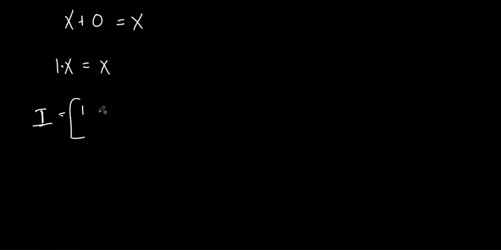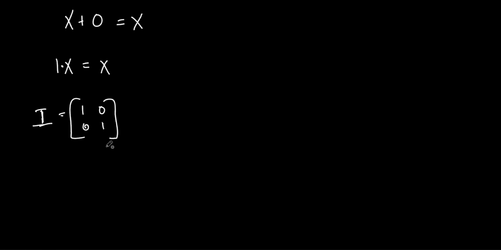So here's what it is. It's 1, 0, 0, 1, which means if I multiply any other 2 by 2 matrix by 1, 0, 0, 1, I'm going to get the same exact matrix that I started with. You hear what I just said? So if I take some other 2 by 2 matrix and I multiply it by this right here, I'm going to end up with the same exact matrix.